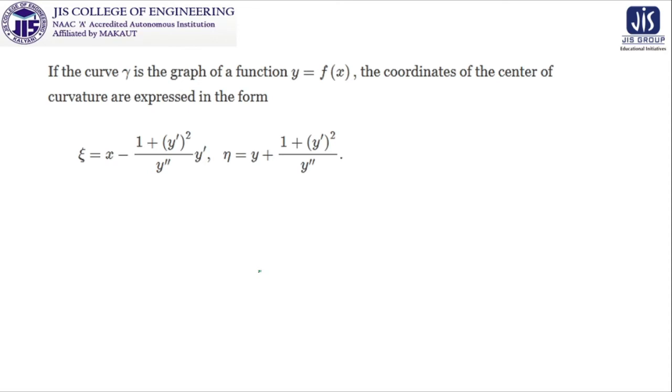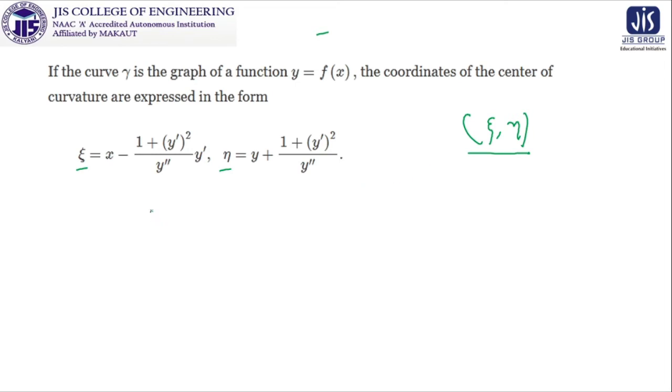This is a property. If the curve gamma is the graph of the function y equal to f(x), then the coordinates of the center of curvature are expressed in the form eta and neta. So actually it is nothing but this one and this one. This is the coordinate.